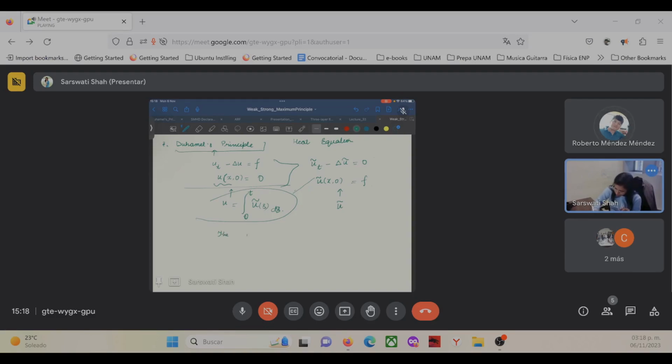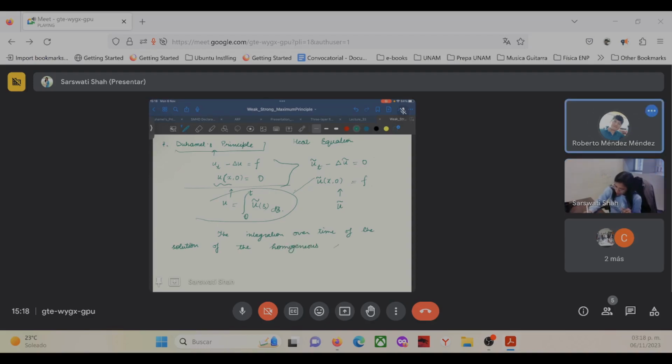The integration over time of the solution of the homogeneous transformed equation. So you need to keep in mind this is the transformed equation of the given non-homogeneous one. Homogeneous, because if you will not be transforming, then this f is not going to be the same.